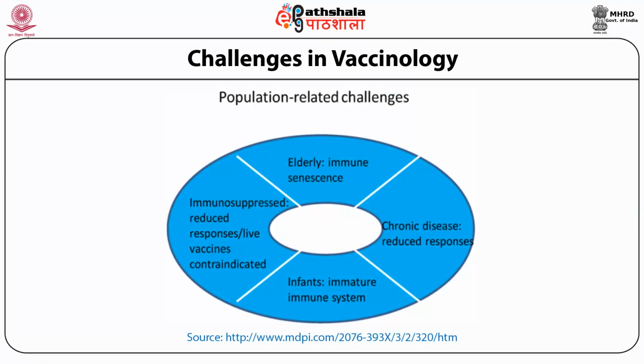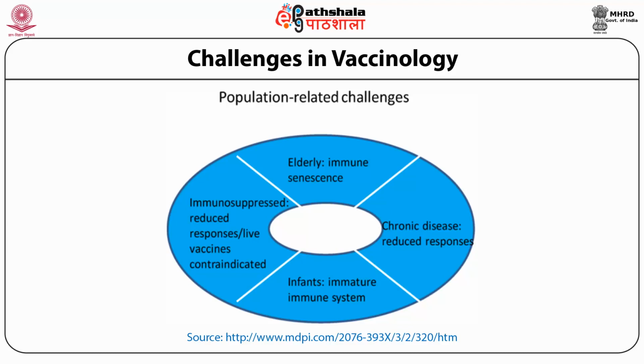Let's see some of the population related challenges. Elderly immune senescence. Now, prevention of infectious diseases in elderly has become a priority in the 21st century as the proportion of older individuals is increasing globally. So with increasing age, their immune system is weakened and immune responses are decreased.